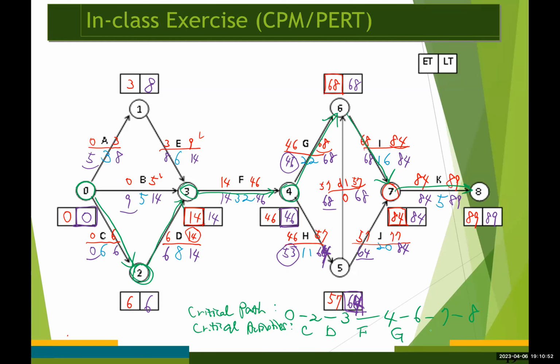G, I, and K. And the project completion time is 89 days, right? So I believe the expected date of completion of this project is going to be August 29th.